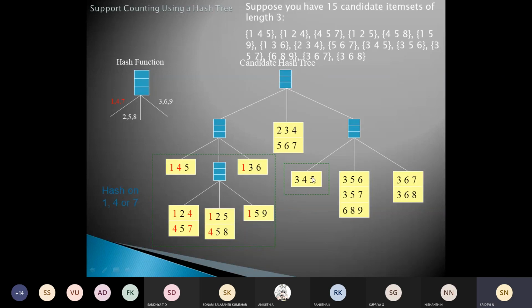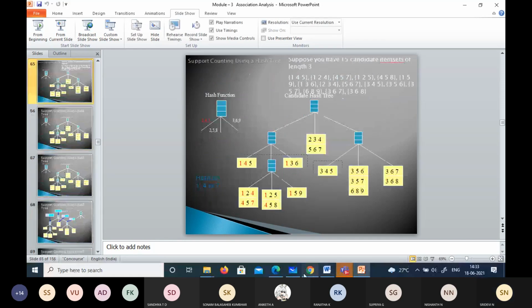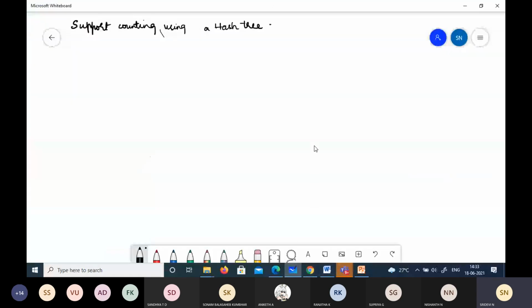We'll see how to construct this tree structure by using a whiteboard. Let us discuss that now.